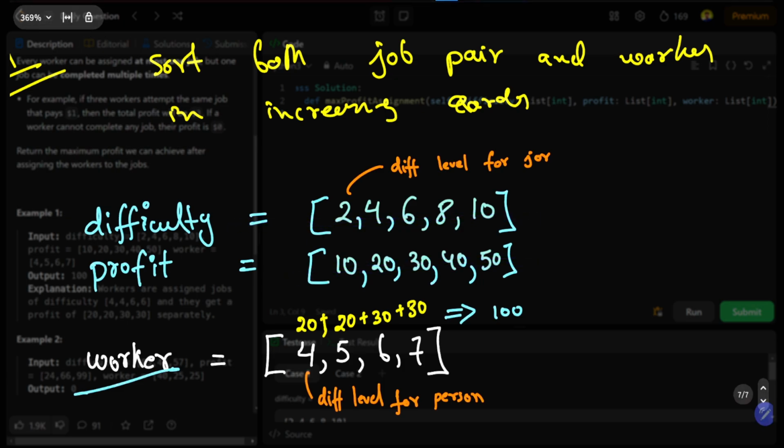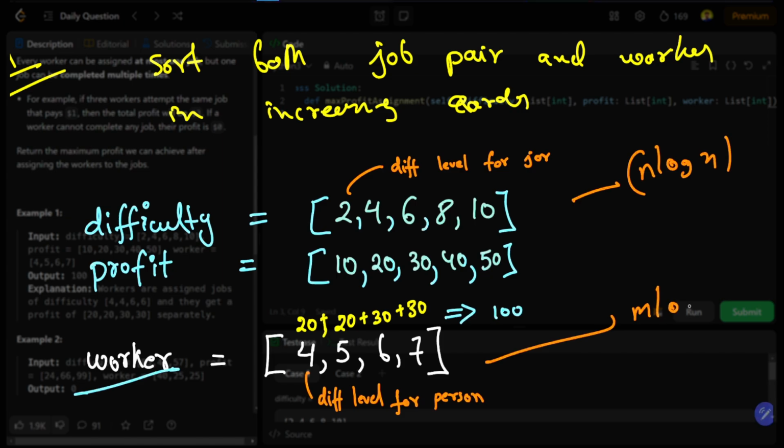It might not be the case for all of them, but for now I have this data in sorted order, based on the difficulty level and the workers' level in ascending order. For this I have done the sorting in n log n time complexity. For this I have done the sorting in m log m time complexity.